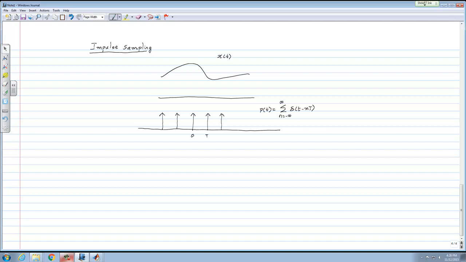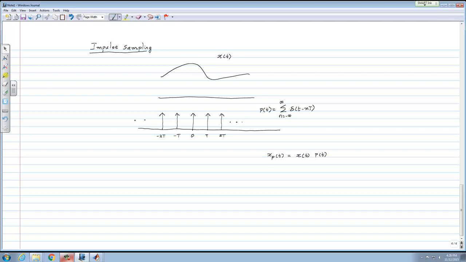So here is 0, T, 2T, so on and so forth. So we have our x of t, we have our p of t, and I'm going to multiply x of t and p of t together to get a third signal, which I'm going to call x sub p of t. So it's defined as x of t times p of t.